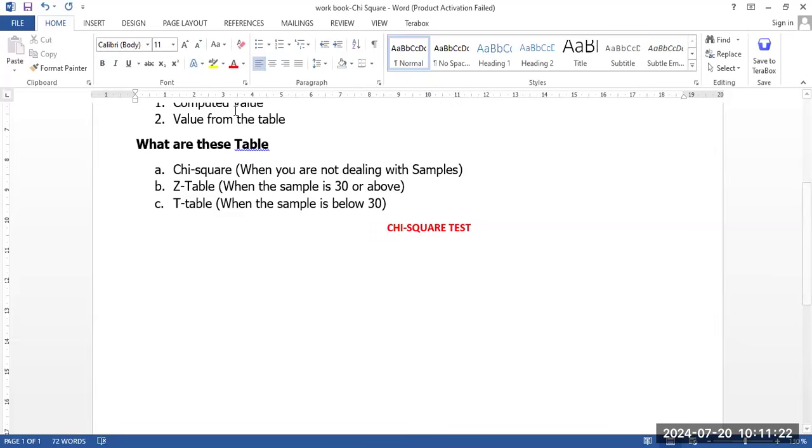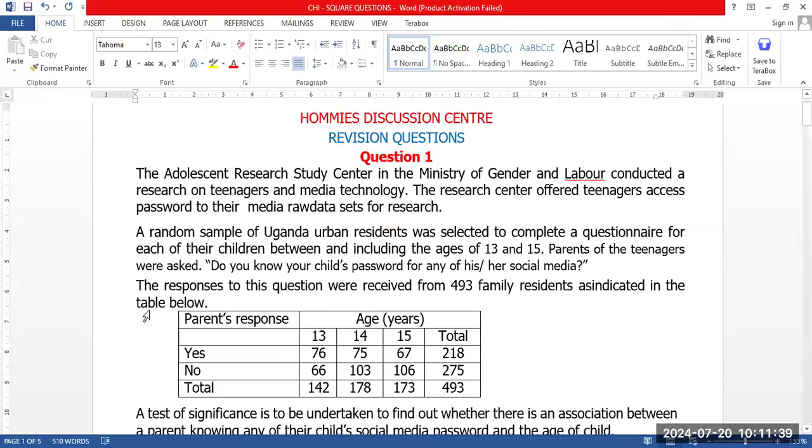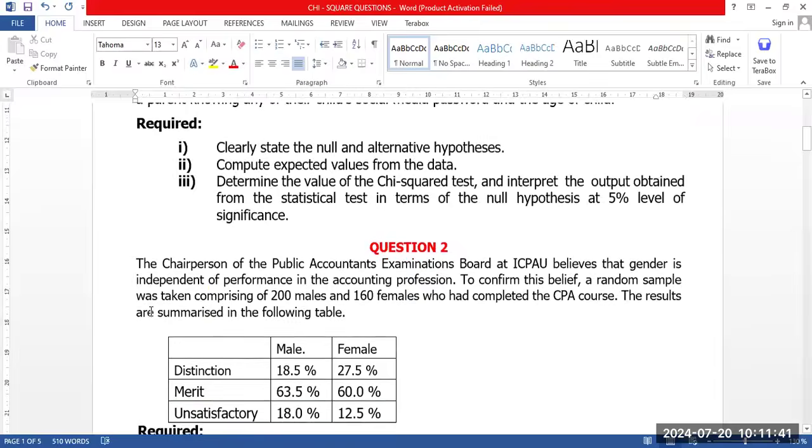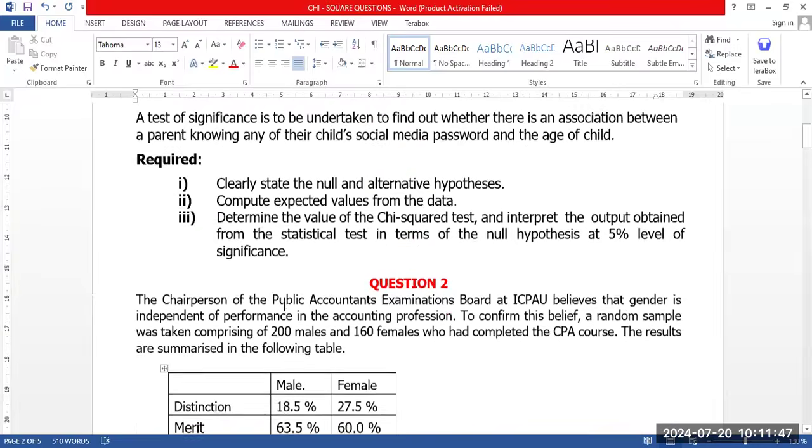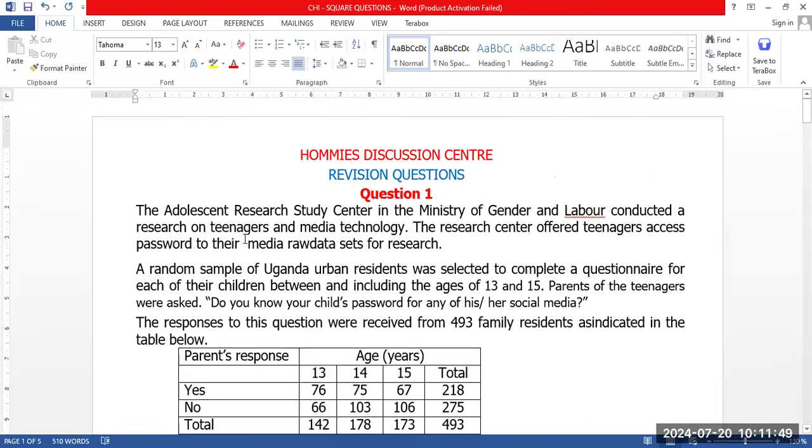As I said, this area doesn't have a lot of theory. So you just need to appreciate how you are going to answer these questions. Calculation questions. This document has four. I tried to compile four questions. If you can understand all these questions, you will never fail a question about the chi-square test. So we are going to start with question 1.